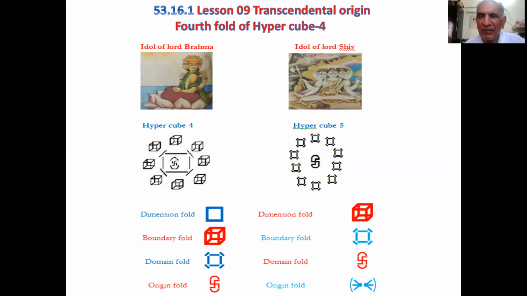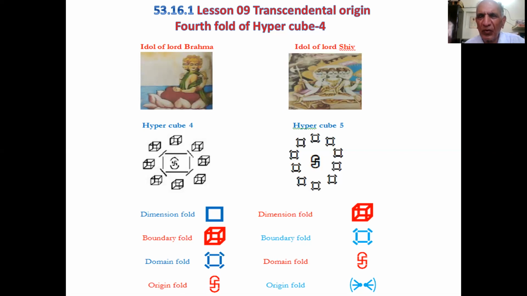Hypercube 4, the representative regular body of 4-space as well, manifests within 4-space along the format of the idol of Lord Brahma. It is in this background that today we shall be visiting the origin fold of hypercube 4.